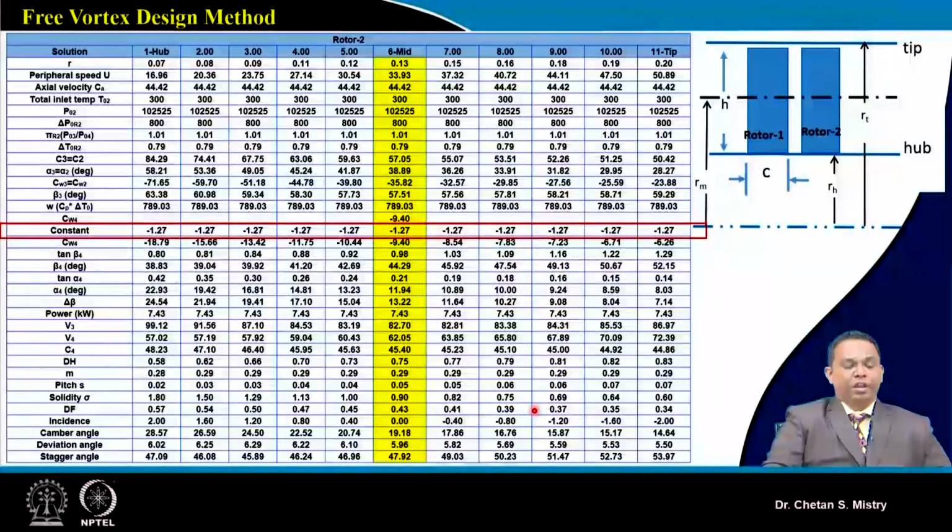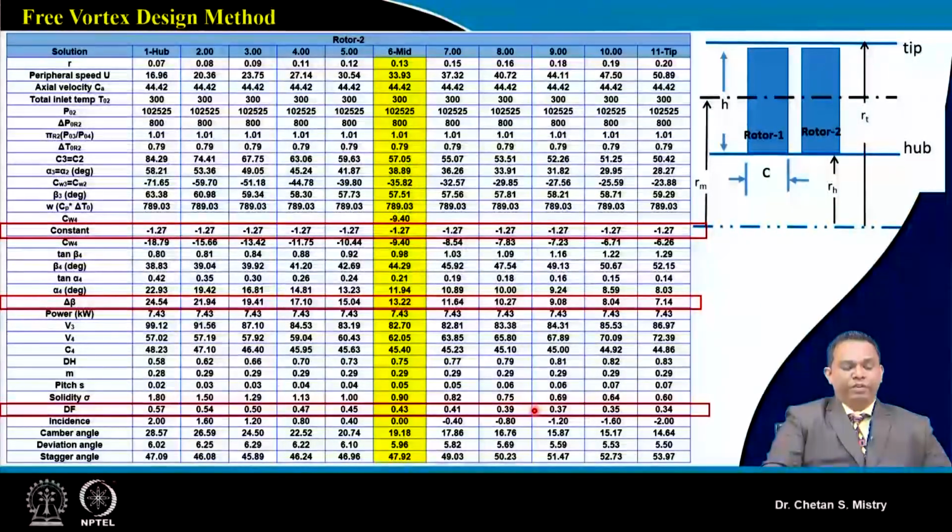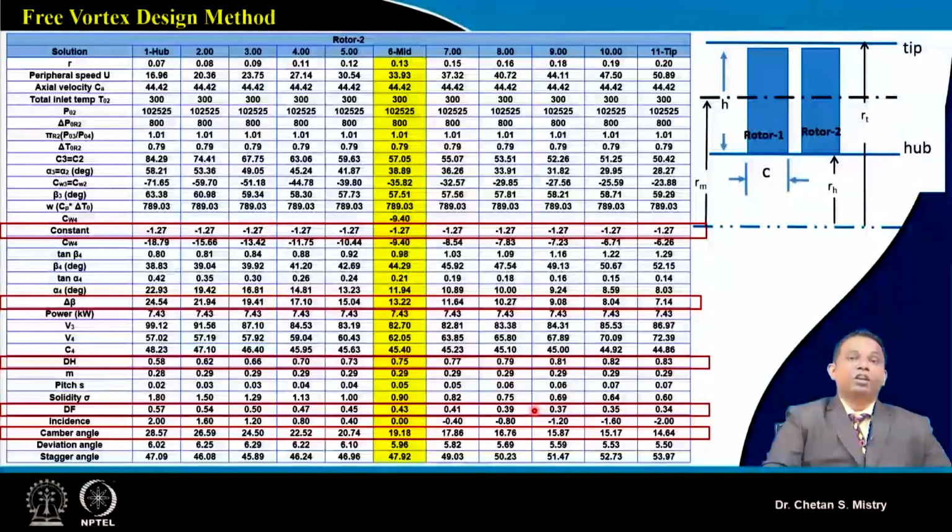Now this is what we were discussing in terms of variation of different parameters, say diffusion factor, camber angle, de Haller's number. The question may arise in your mind: sir, for stage design you discuss degree of reaction, but here the degree of reaction term is not coming.